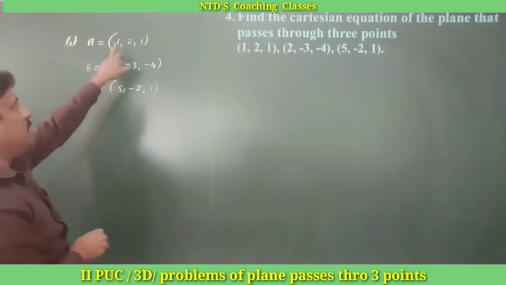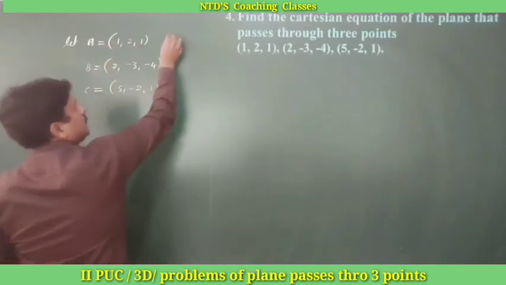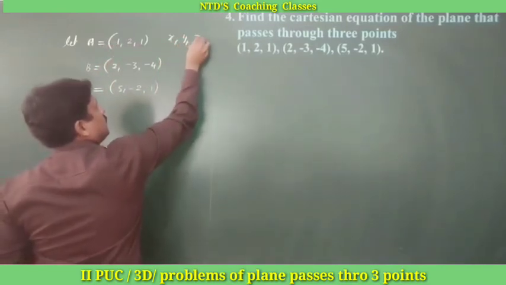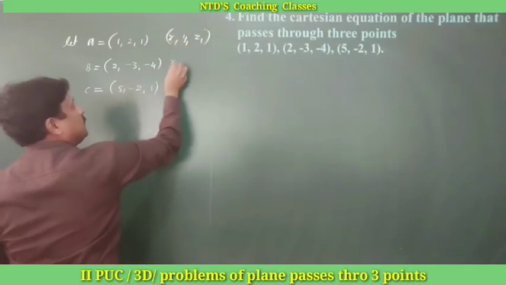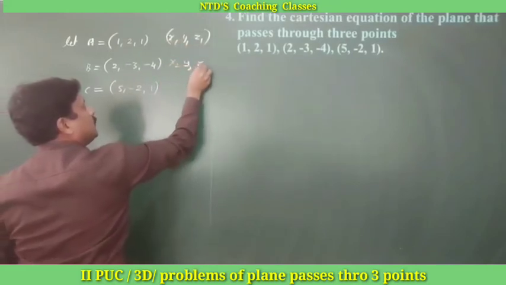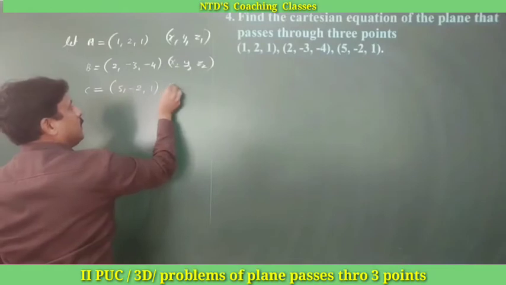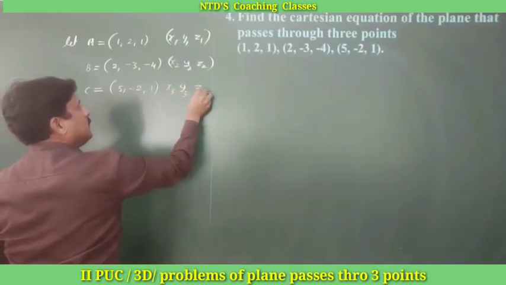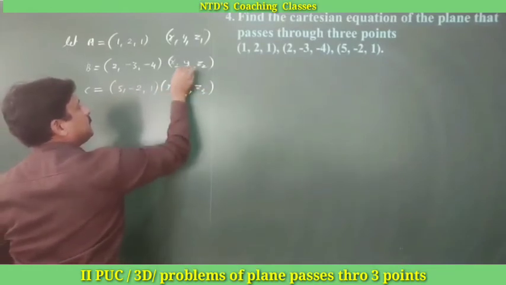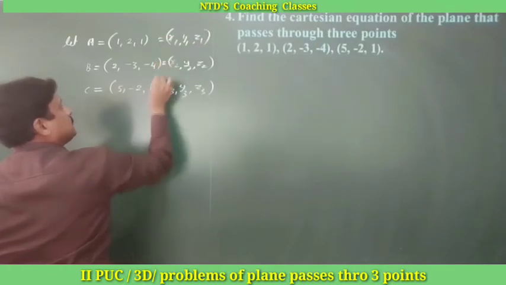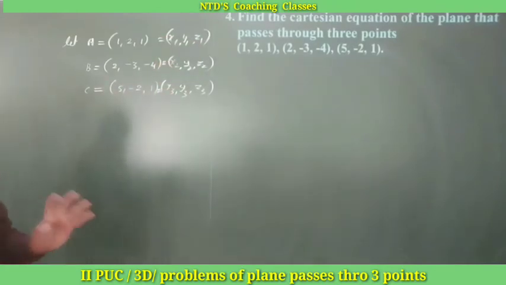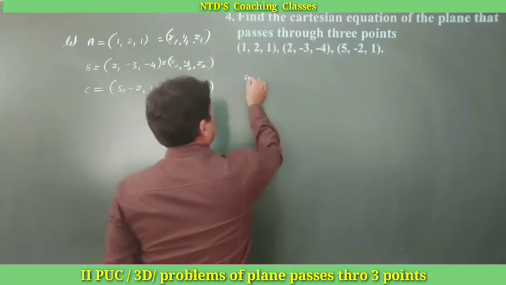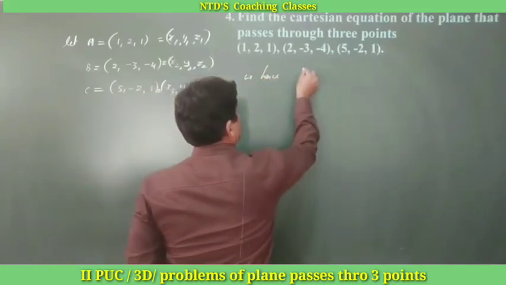The first point is x1, y1, z1. Second point is x2, y2, z2. Third point is x3, y3, z3. Now we have the formula. What is the formula?